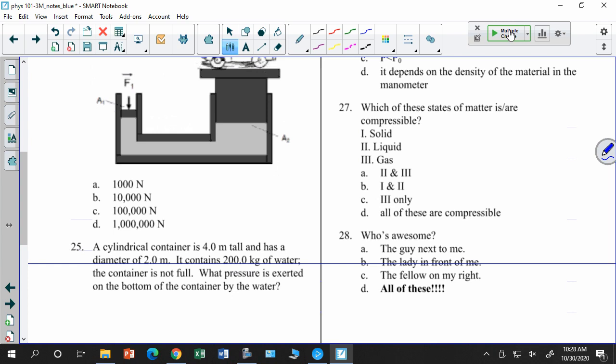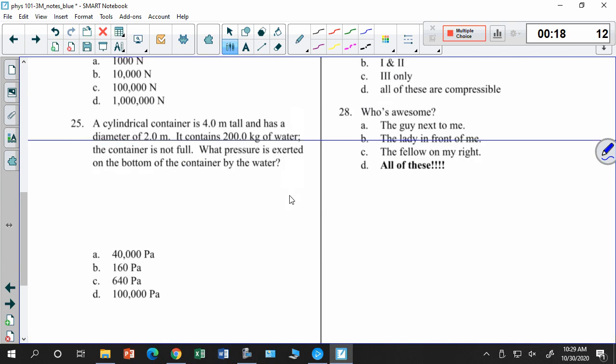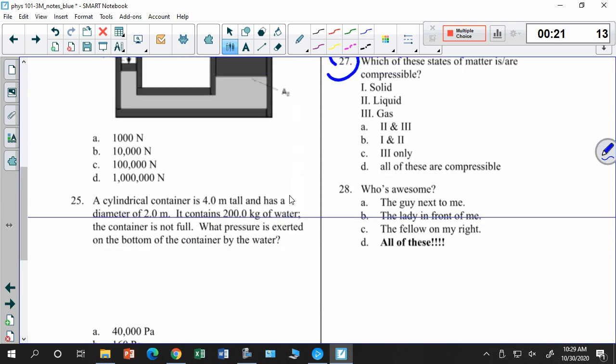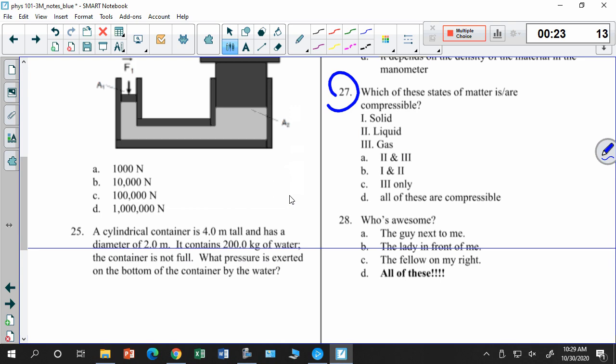Let's try number 27. Number 27. I'll stop at 35, 35.